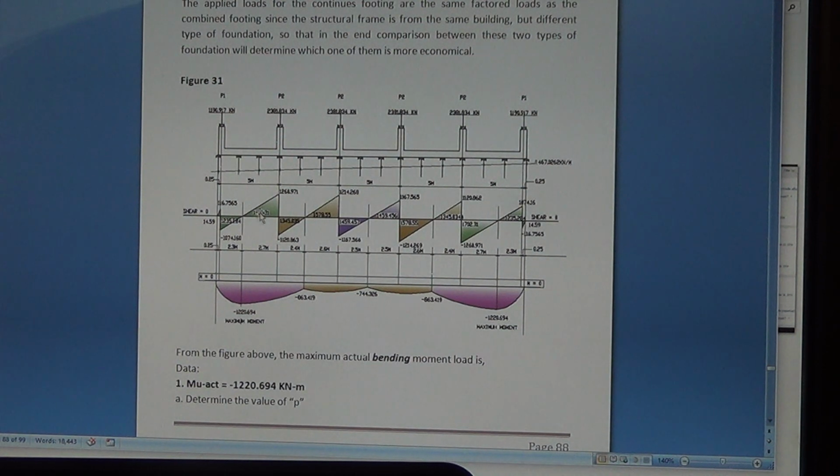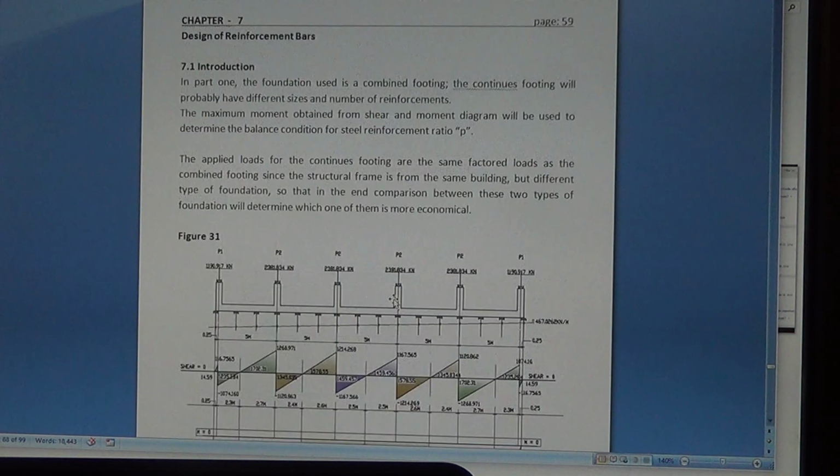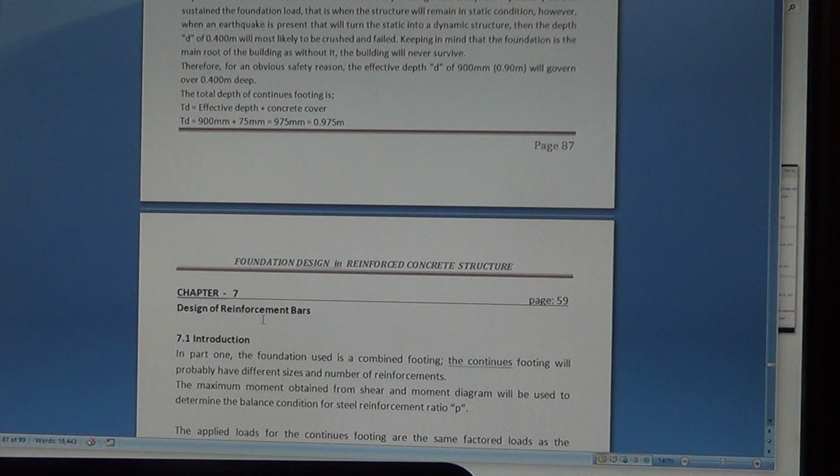All I have here is the actual shear and actual moment so that you can use it in design. There's no point of typing it over here. You can review it later after the end of the book. I put it there. So that's chapter 7, design of reinforcement bars.